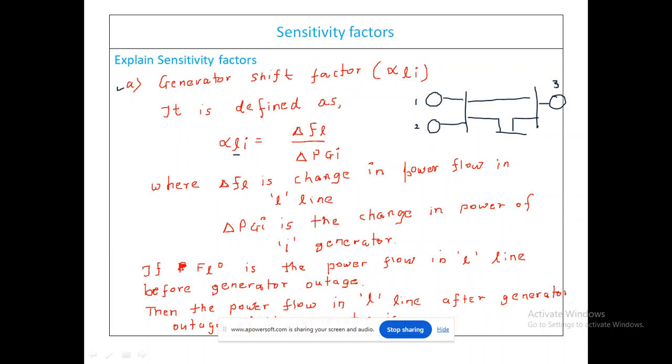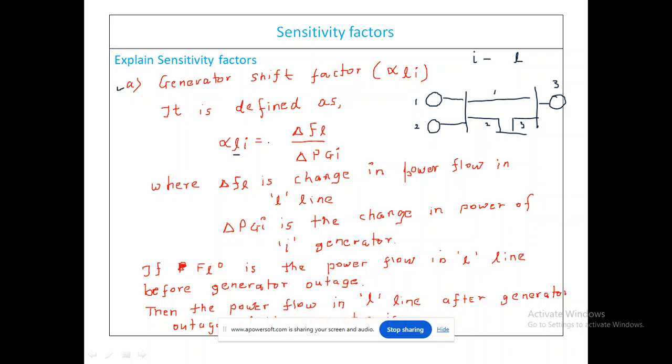So this is number 3. Let us number the lines also 1, 2, 3. Now I have 3 generators. Here, I is the notation for generator and L is for the line. In the present case, there are 3 generators and 3 lines.